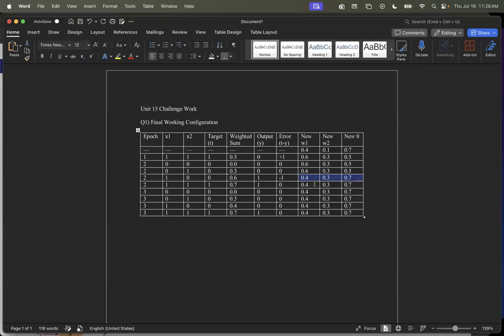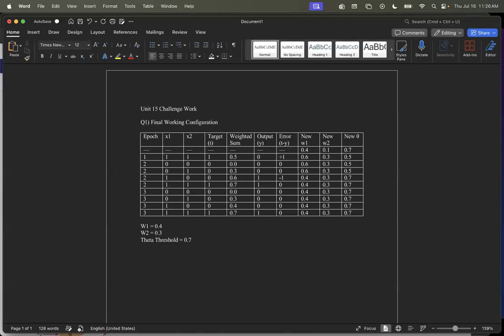And then from the last iteration of Epoch 2 and all the iterations of Epoch 3, we have our final weights and theta. So we can just say W1 equals 0.4, W2 equals 0.3, and then you can just call it threshold or theta. I'll call it theta. Theta equals 0.7. That is it.